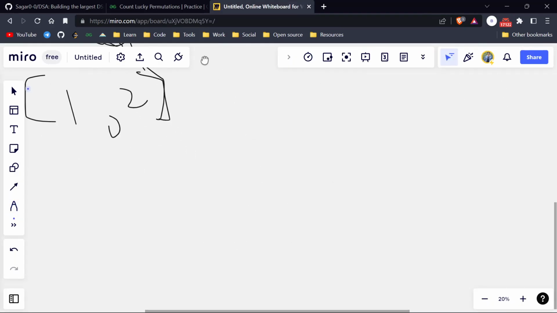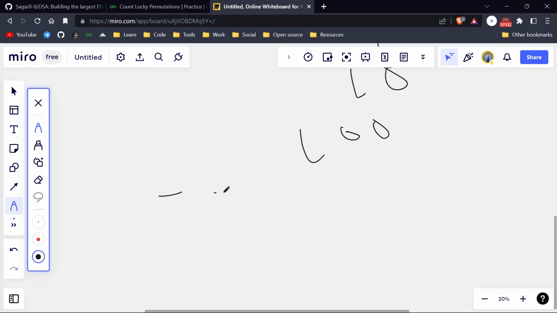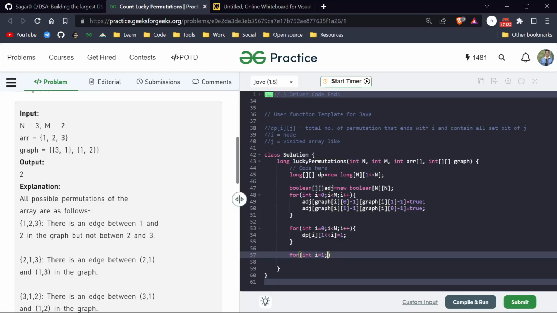So what are the total number of bit masks that we can have? So first bit mask will be 1, then it will be 1 0, then 1 0 0, then up to how many number of n we have? So 1 0 0 0 0, okay? And I will just do the same thing. I will just say it bit mask. So bit mask should be less than one right shift n times.